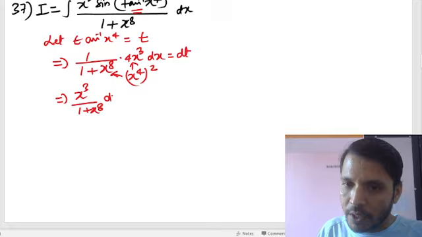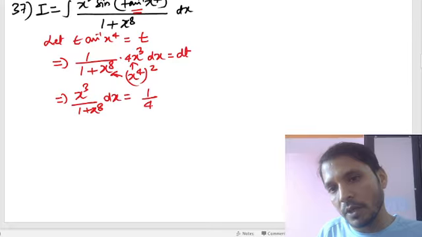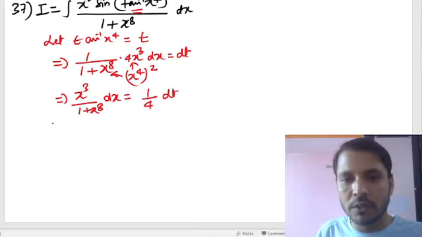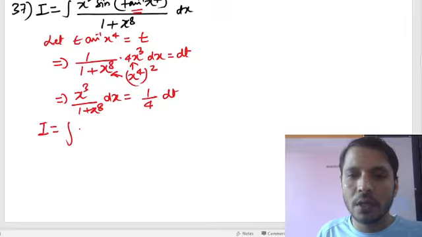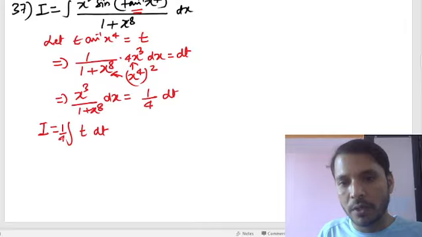We will take the constant term to the right side, so it becomes 1 by 4 into dt. Now I is equal to the integral of tan inverse, which we considered as t, so t dt, and this constant 1 by 4 we write outside of the integration.